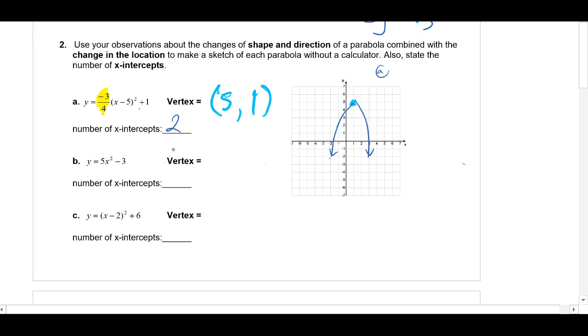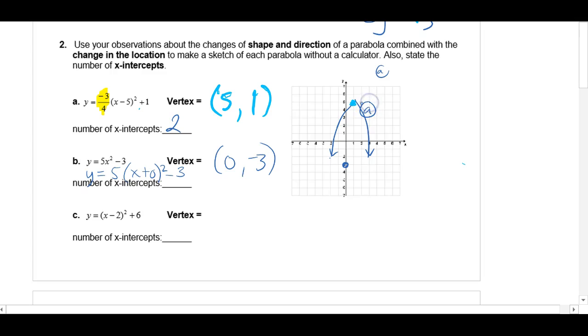Okay? Now this one is not as obvious. But to find the vertex, remember that this is also the same thing as 5 times x plus 0. So if there's no parentheses there, then you can put x plus 0 and then still -3. And now you know the vertex is 0 and -3. So go ahead and plot that point. 0, -3 there.